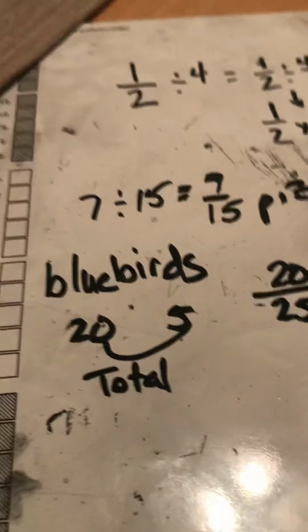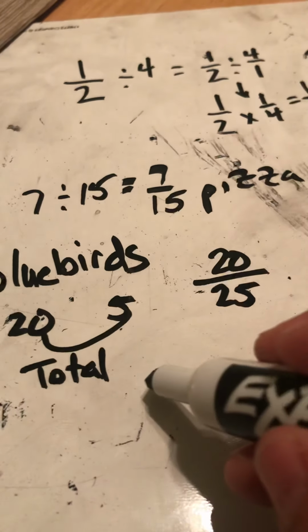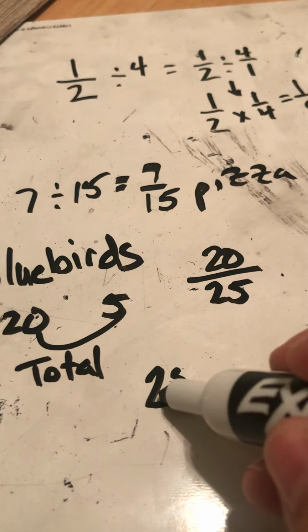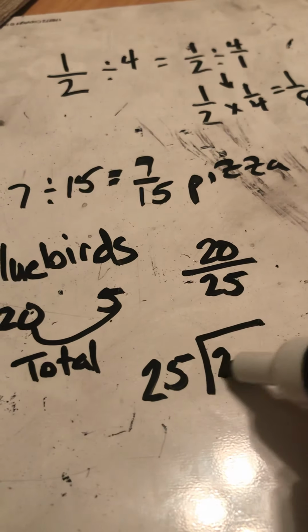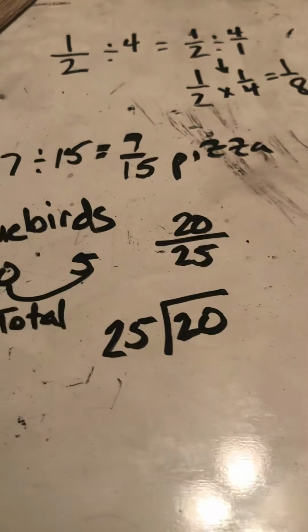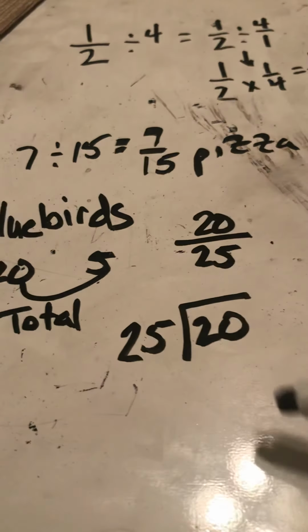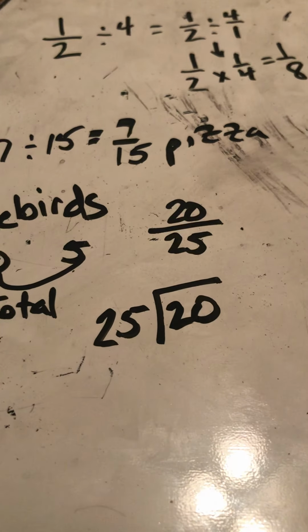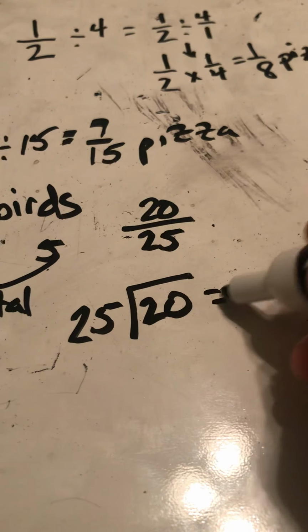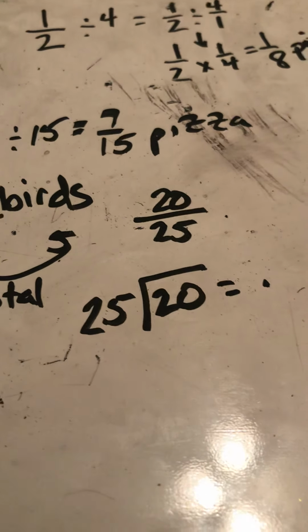Now this is the part where you're going to need your calculator, because you're going to do this division problem: 20 divided by 25. On your calculator, you should end up with a decimal because it's going to be less than 1.